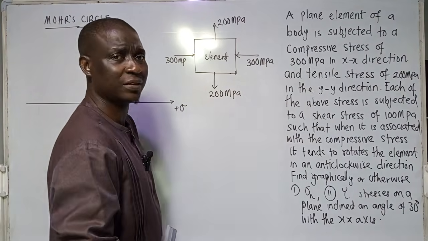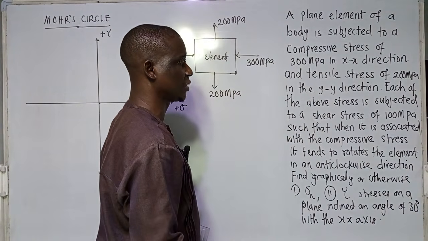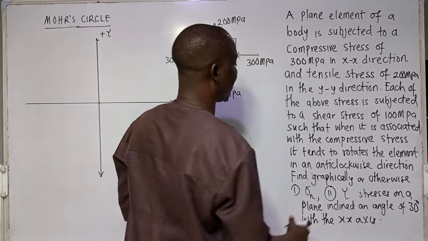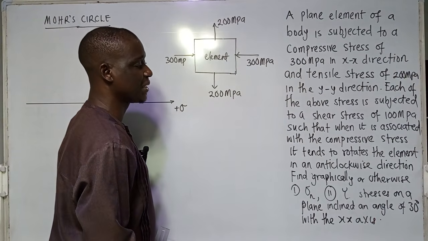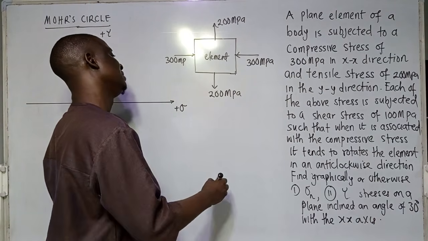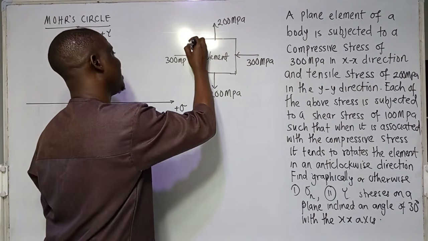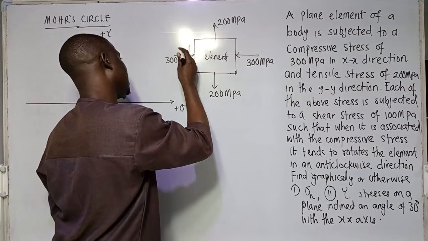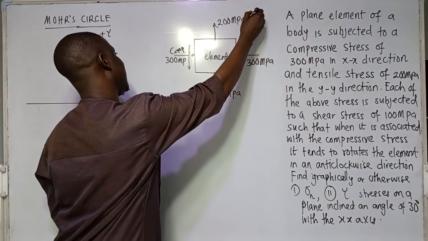Now, having drawn this, they said each of the above stress is subjected to shear stress of 100 megapascal, so that when it is associated with the compressive stress, it tends to rotate the element anti-clockwise. So it will rotate anti-clockwise. This is a compressive stress, and this is tensile.